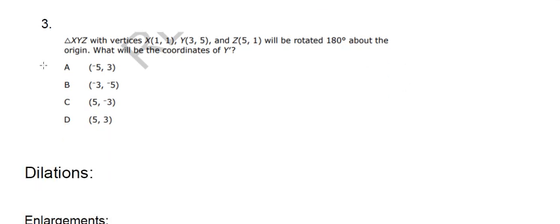The last question is a released EOG question. So it tells you that you have this triangle and these are its vertices, and it's saying it's being rotated 180 degrees. So we get x, y, and in 180 degrees, do the coordinates change locations? No, they don't. That's only in 90 degrees. So I still have x, y, but what happens in a 180 is both of them change signs.